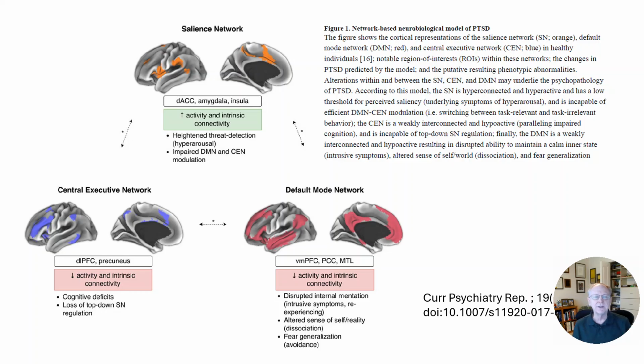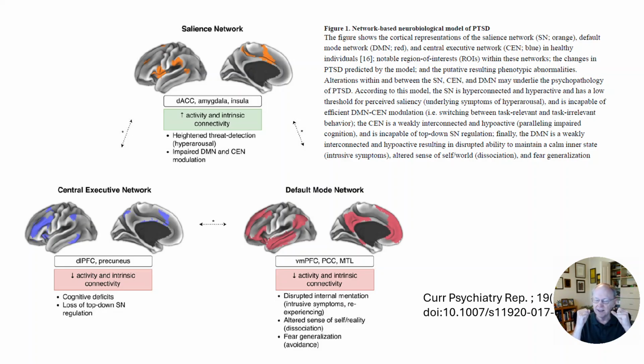And what you can see, what the hypothesis is, is that if the salience network is overactivated, we get heightened threat detection, and this impaired default mode network and executive network modulation. Remember, we talked about the salience network governing that anti-correlation between the two networks.